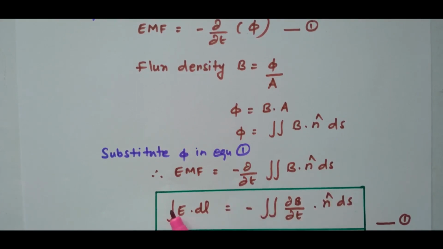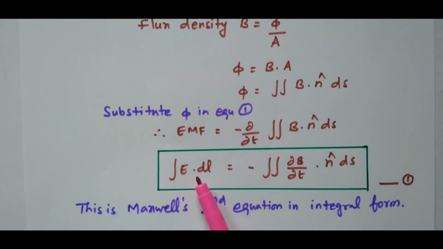The EMF can also be expressed as integral E dot dl. That is equal to, multiplying inside, minus double integral dou B by dou t dot n cap ds.